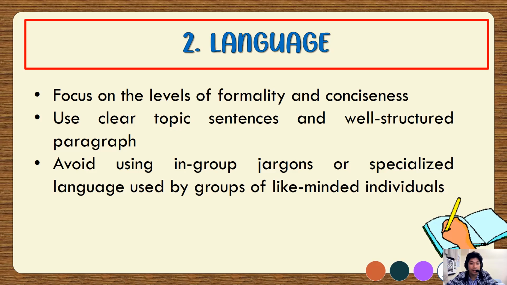Here are some points to remember. The key to successful writing focuses on the levels of formality and conciseness that underscore writing in a style that your audience expects and that fits your purpose. Next, use clear topic sentences and well-structured paragraphs to enable readers to follow your line of thinking without difficulty.